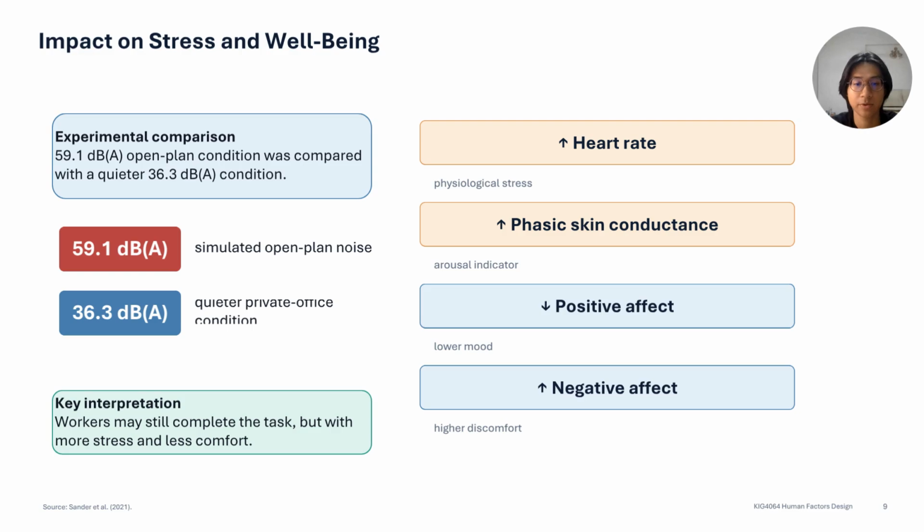The main interpretation is that the worker may still complete the assigned task but with more stress and less comfort. This creates a hidden workload cost that may not be visible from productivity figures alone. For this reason, office evaluation should combine sound measurements with worker feedback on concentration, privacy, annoyance, and also comfort.